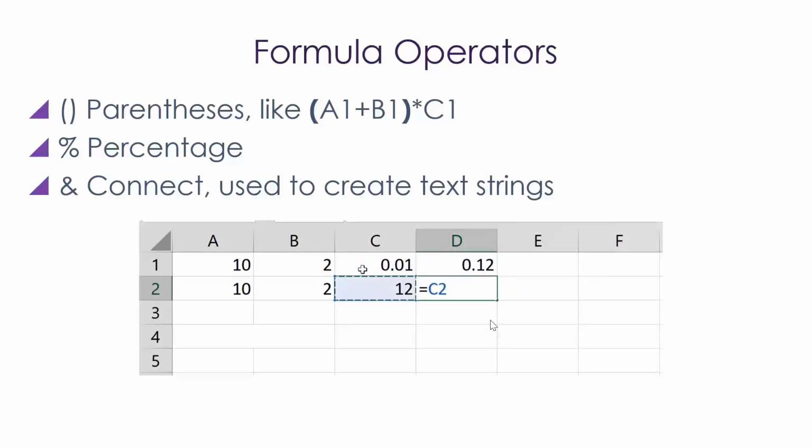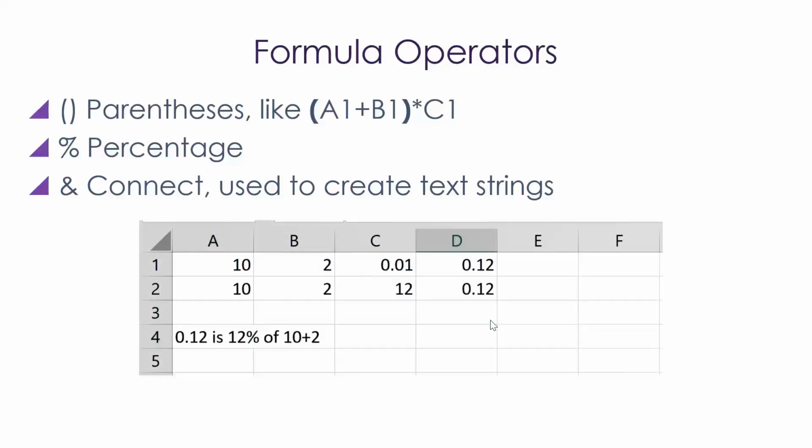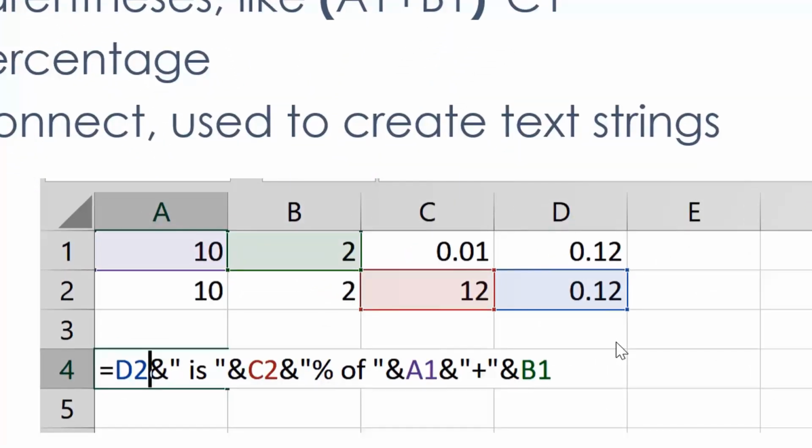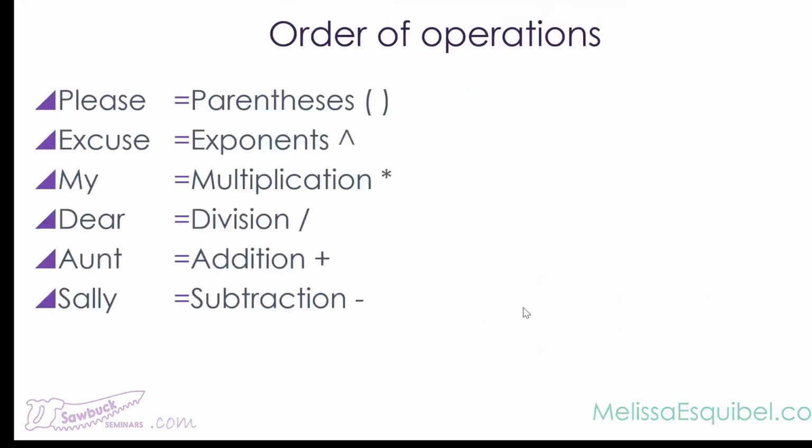You can use percentages. Percentage is actually a math operator. You can see it multiplies 12 times 0.01. And you can use that ampersand to create text strings. So you might think that this is just typed in, but this is actually a formula that uses cells and constants and ampersands to string all those things together. And that's how we get that sentence. So these are your operators that you can use.